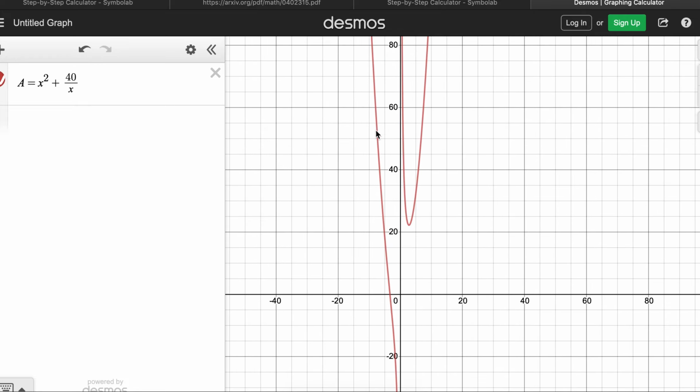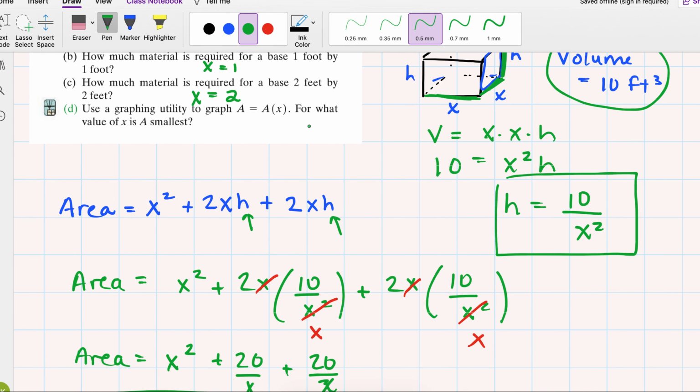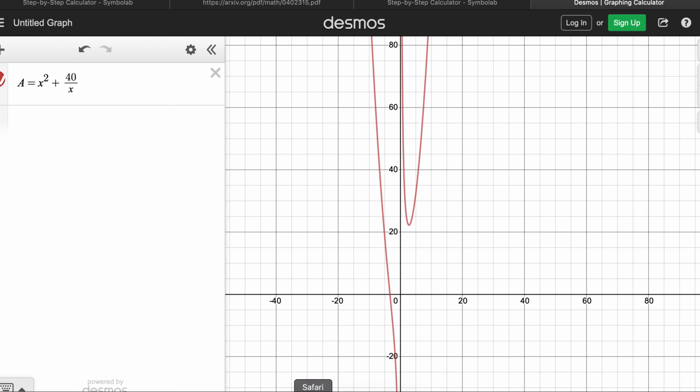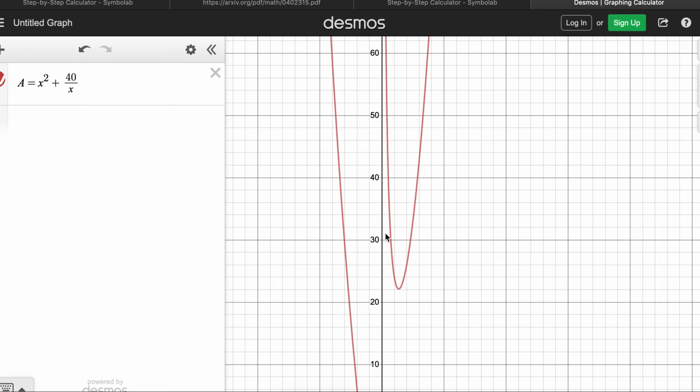So remember, we're trying to find the value of x that's the smallest, right? Let's look back at the problem. For what value of x is A the smallest? Now A is your y values in this picture. You can see that when you get close to 0, your y values are really big.